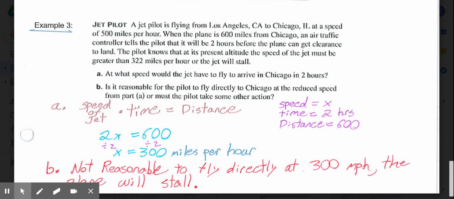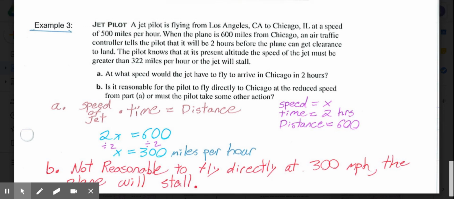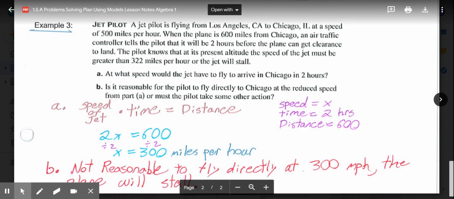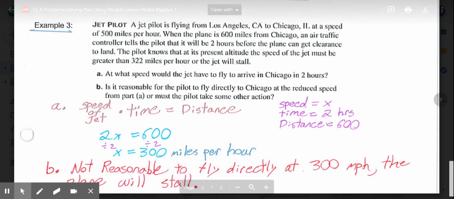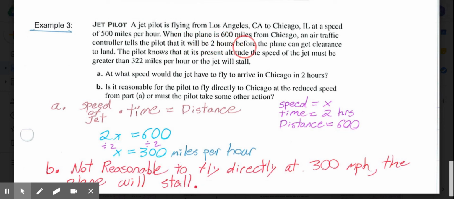So I'm going to start with putting a verbal model together. Well, I know if I have my speed of the jet multiplied by the amount of time, that'll equal my total distance. So speed is what I'm trying to answer. At what speed? So speed was x. My time to Chicago was 2 hours, given to us right here, 2 hours before the plane gets its clearance.